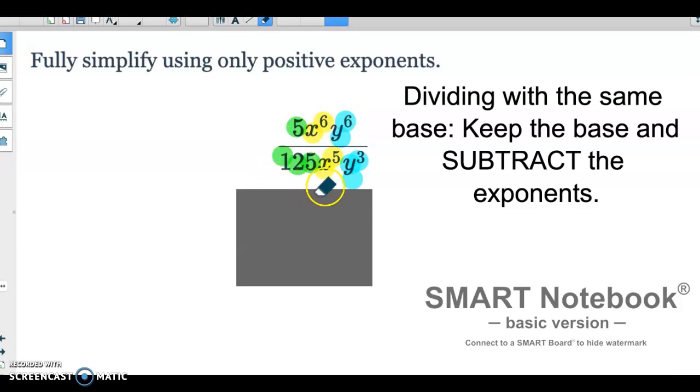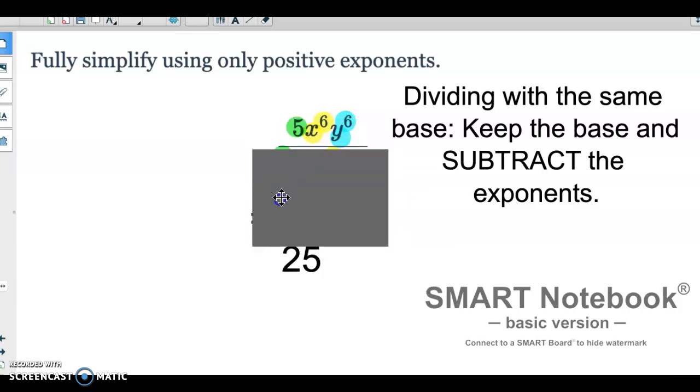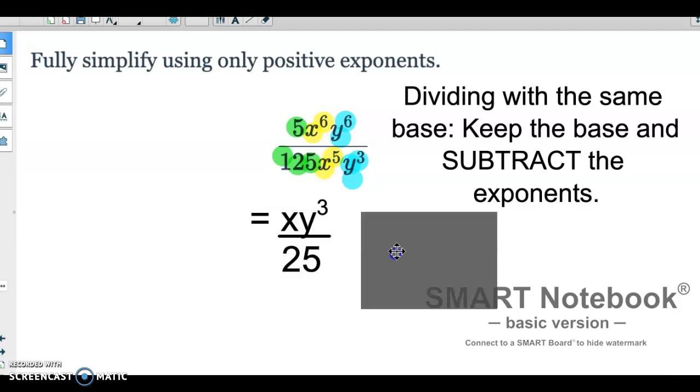So 5 divided by 125. We need to figure out what's the biggest number that divides into 5 and 125 evenly. And when we do that, we get the answer is 5. So we're going to divide 5 by 5 to get a 1 in the numerator. And then in the denominator, 125 divided by 5 is 25.